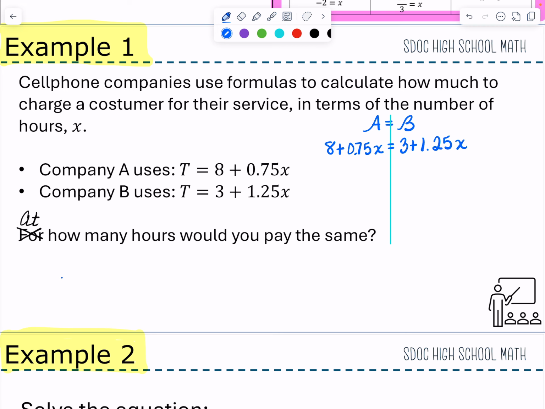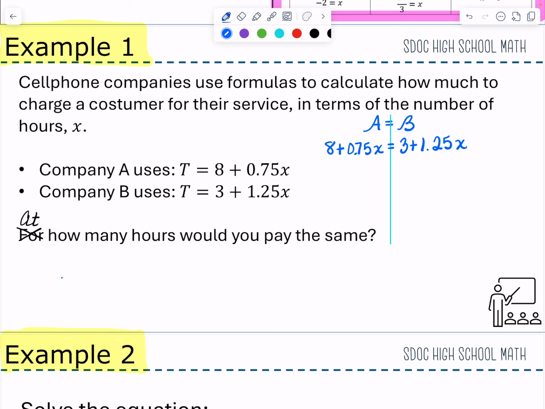Now, X represents the number of hours, and that's what we're looking for. Okay, so if I had to think about it, company A charges $8 and then 75 cents per hour. Company B charges $3, but they charge $1.25 an hour. So if you could choose and you knew you were going to use it for the same amount of time so you could break even, that's what we're looking for.